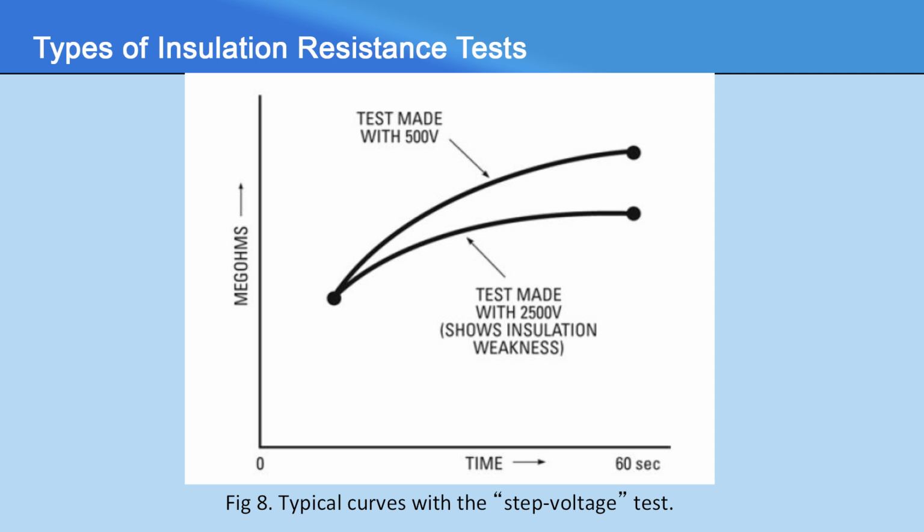Again it is drawn between the resistance measured in megohms and the time in seconds. In this method we again get two characteristics. The first is obtained when the test is made at 500 volts, and the second when the test is made at 2500 volts, which shows the insulation weakness.